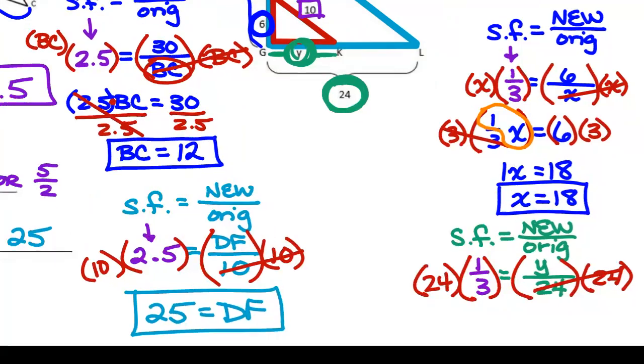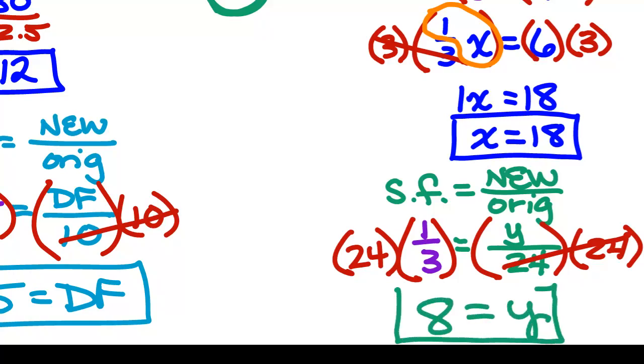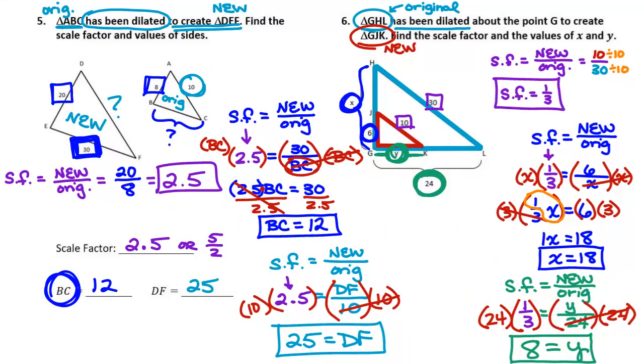On the left-hand side, I need to multiply 24 and 1/3 together. What is 24 times 1/3? 8. 8 equals y. Nice work.